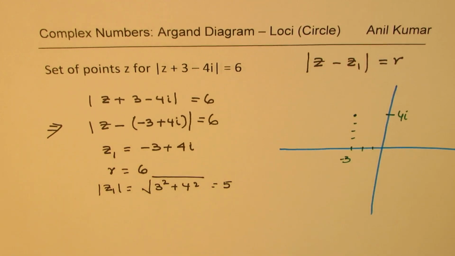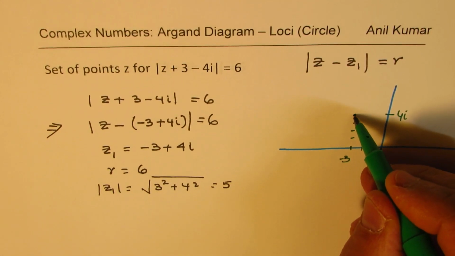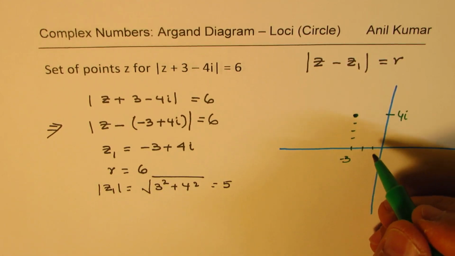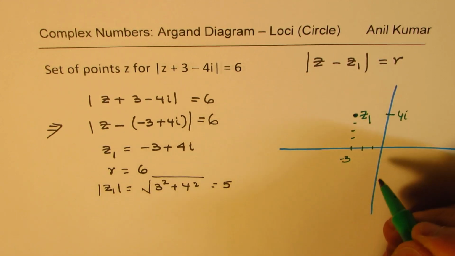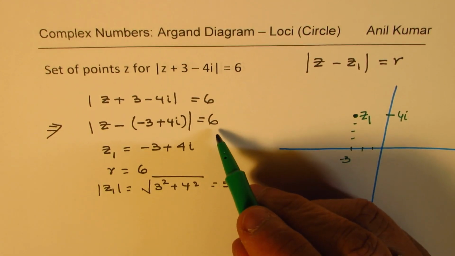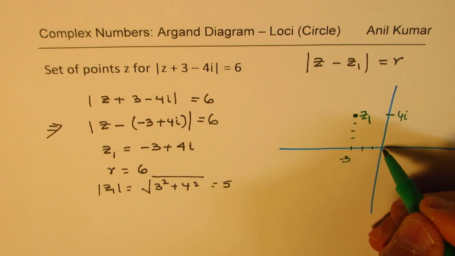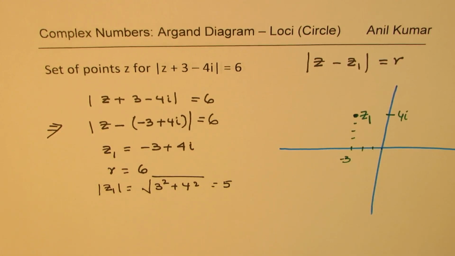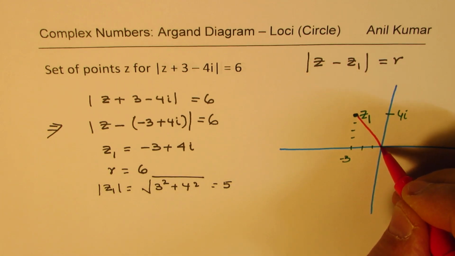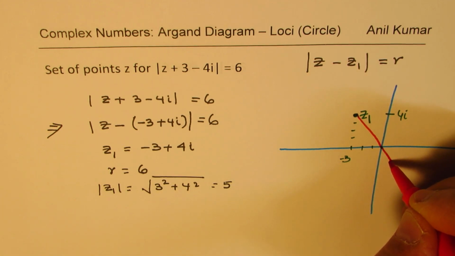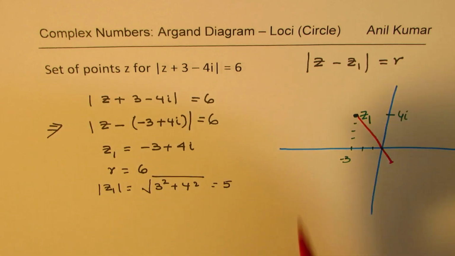Is that clear to you? So that becomes your center. This is z1. Now, from here, we have to have a radius of 6, and this we know is 5. So the radius will be 5 and 1, 6. So kind of that much of radius.